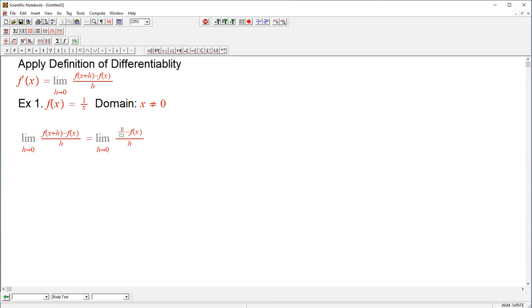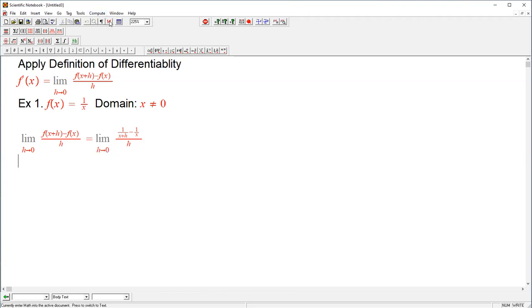So 1 over x plus h, that's f of x plus h, minus f of x, which is 1 over x, divided by h. So we have a complex fraction situation. h is approaching 0, but not 0, so the definition of limit is in our mind. That's the stage set.